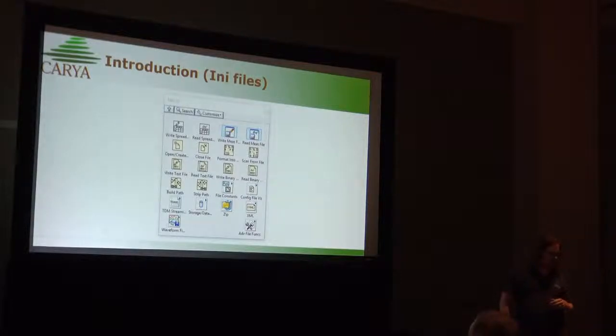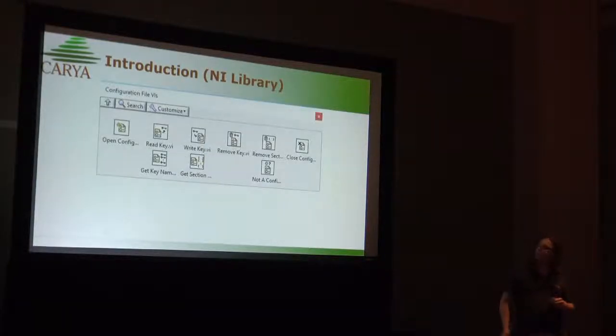And this is the place where NI stores their configuration file library, in the File palette, and there you will find these files. There's really not too much you can do with the NI functions for INI files.